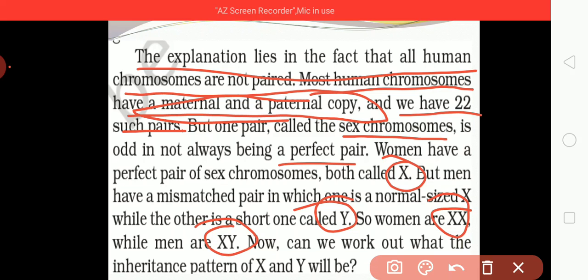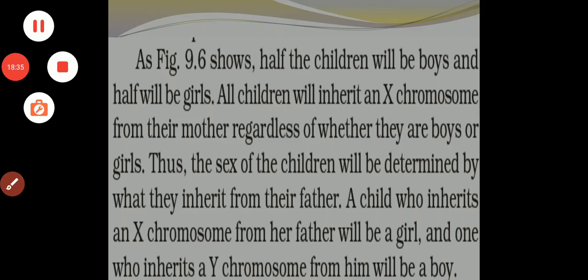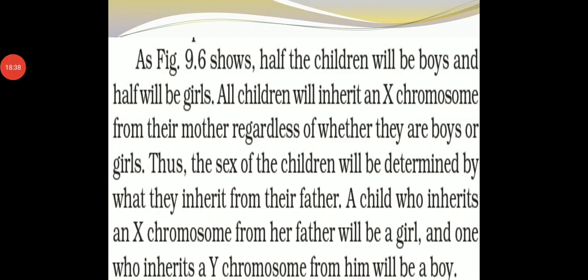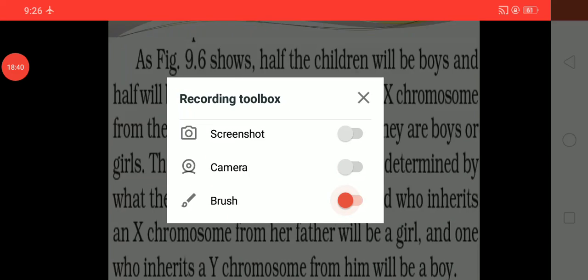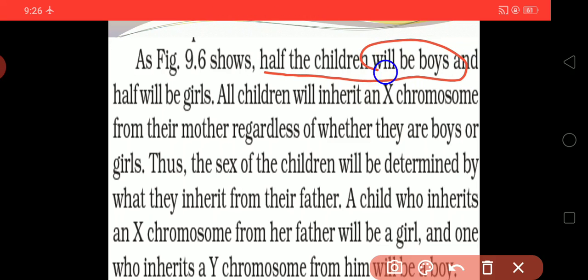Now can we work out what the inheritance pattern of X and Y will be? As Figure 9.6 shows, half the children will be boys and half will be girls. The possibility of a boy will be half, and in the same way the possibility of a girl will be half.